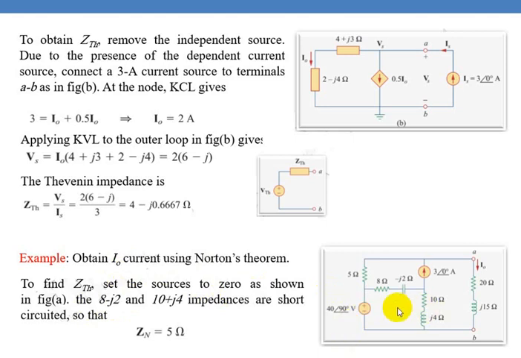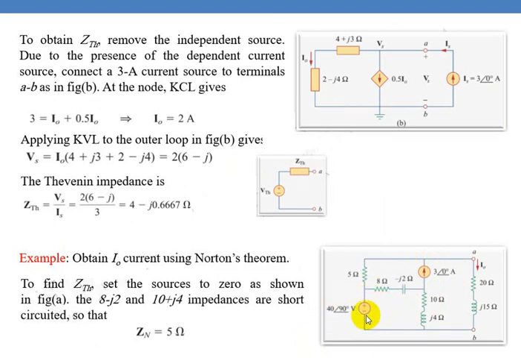To find ZTH, first we have to remove the voltage source and create a short circuit. So remove the source, create a short circuit. And if you have a current source, you create an open circuit, remove it. In order to find ZTH, which will be equal to Zn.